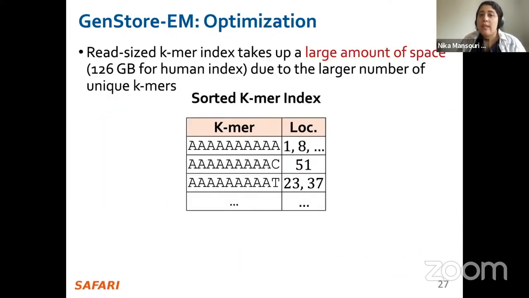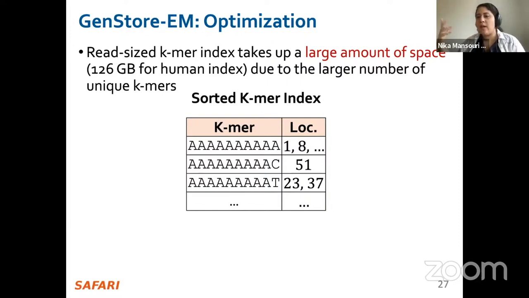So despite the key benefits that I talked about until now that the sorted read-sized k-mer index will provide, this index actually takes up a larger space. So 126 gigabytes for the human index as an example.